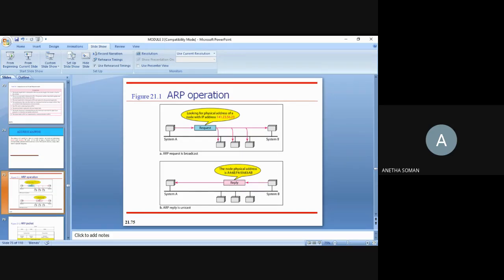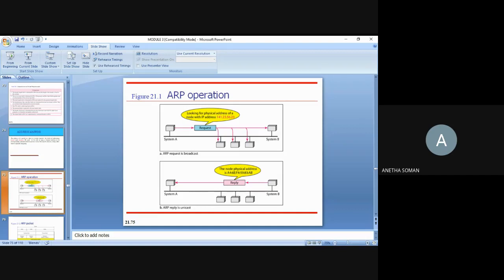Now, how it does this is, the source host sends a request packet. Whoever is connected to that network gets that request packet, and the one who has the same IP address responds. What does that packet contain? The packet contains the physical address as well as the logical address of the source, and the IP address of the receiver.